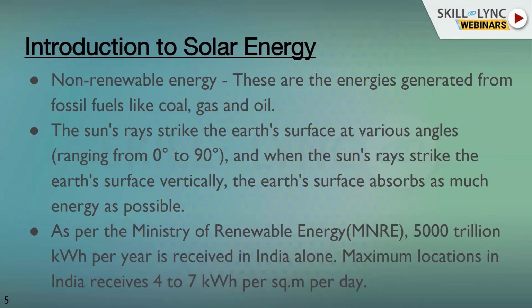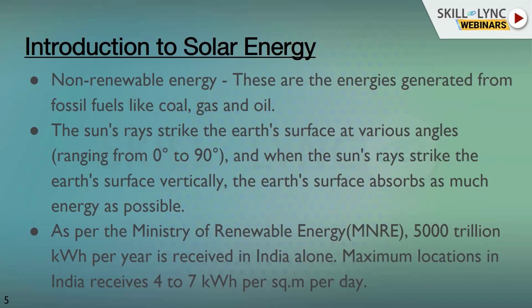As per the MNRE, in India we receive 5,000 trillion kilowatt hours per year. That means we get maximum power because radiation is high in India.